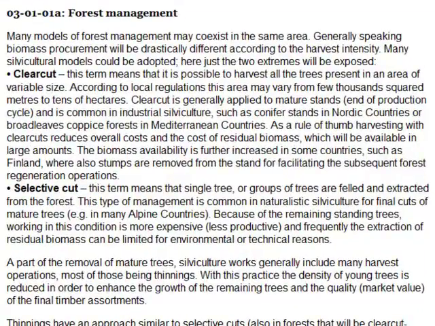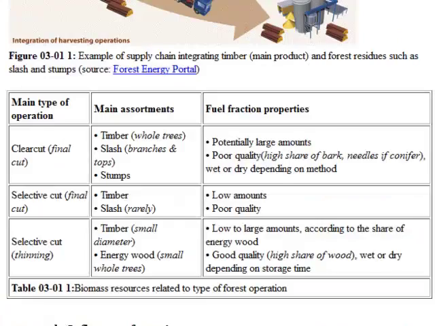There are significant differences between how a clear cut is done and what happens during a selective cut, including, of course, thinning operations as selective cuts. As you see from this table, there is a difference in the fuel fraction property and also in the amounts, depending on which type of operation we are talking about, if it's a clear cut, a selective cut final, or a selective cut thinning.